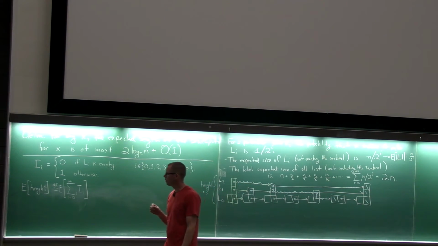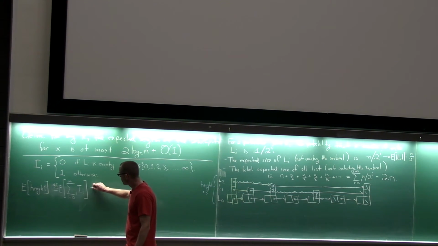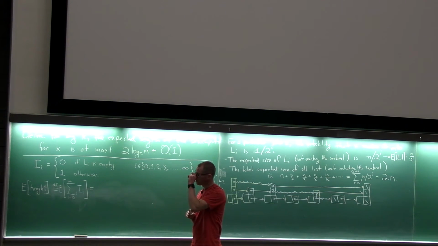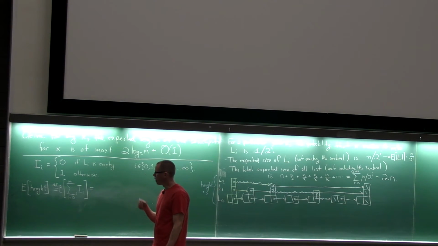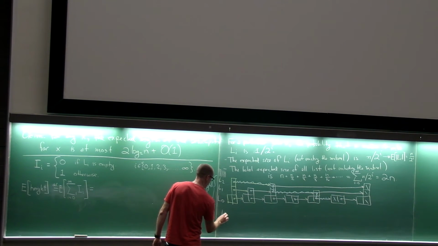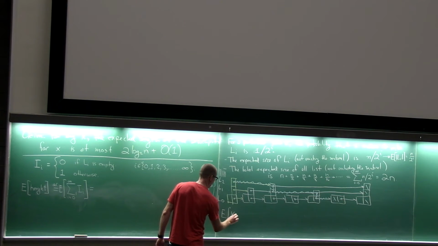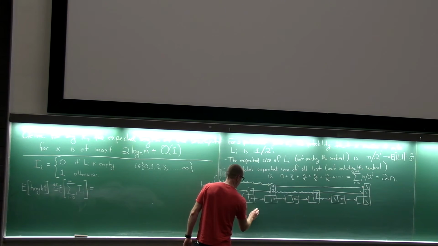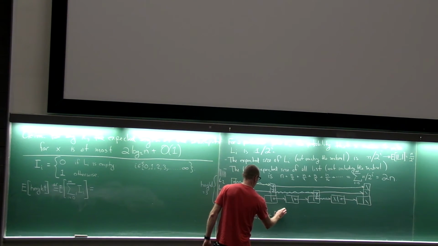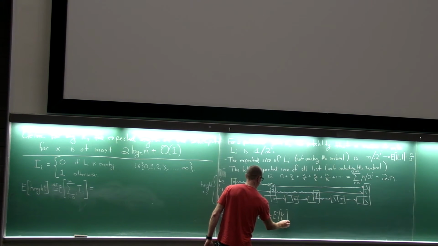Since many of you haven't learned any probability yet, you haven't seen this, but one of the nice things you can do with expected values is apply a property called linearity of expectation, which says that if we have two variables x and y, then the expected value of x plus y is just the expected value of x plus the expected value of y.